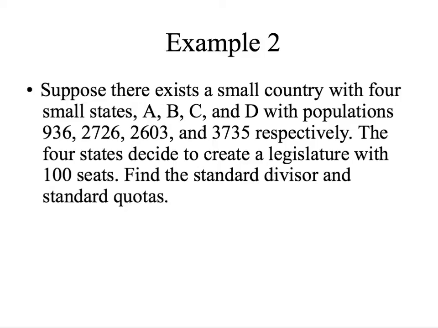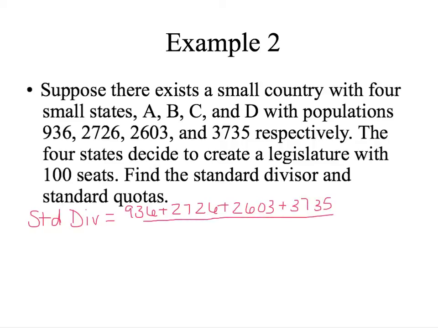Our first example here, we are going to focus just on finding the standard divisor and the standard quotas. To find the standard divisor, we are going to add the populations for all 4 states: 936 plus 27.26 plus 26.03 plus 37.35, and then once we find that sum, we'll divide by the number of things that we're apportioning, so in this case 100 seats.